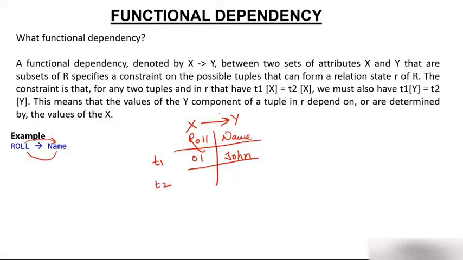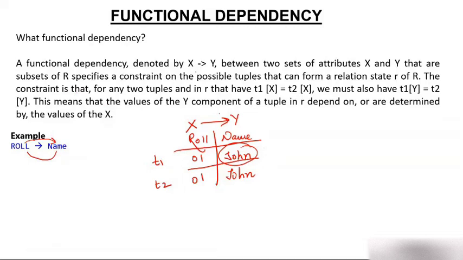So if T1 of X is equal to T2 of X, if these two values are equal, then 100% T1 of Y will also be equal to T2 of Y. Because if I am repeating the roll number, the name will also repeat. This means that Y is dependent on X, or name is dependent on roll number. And this is the actual definition written over here.